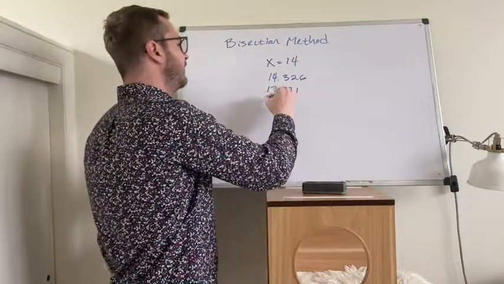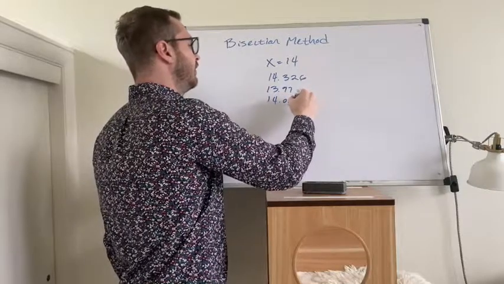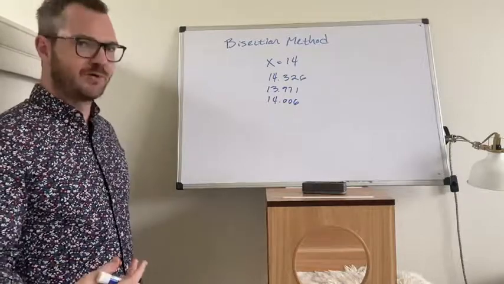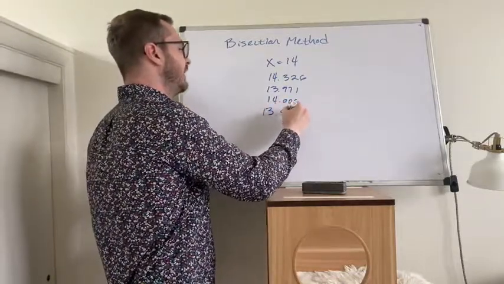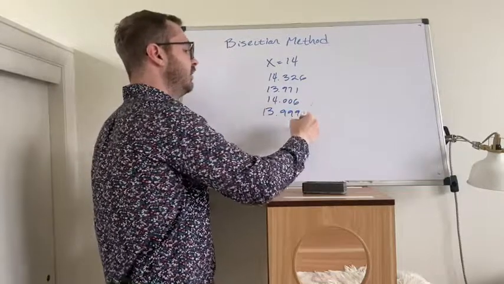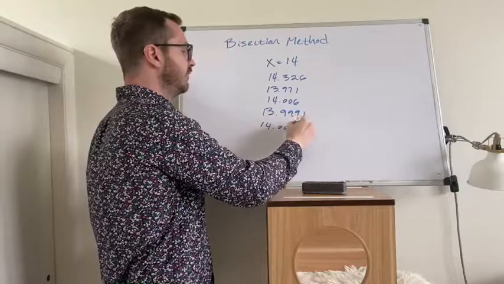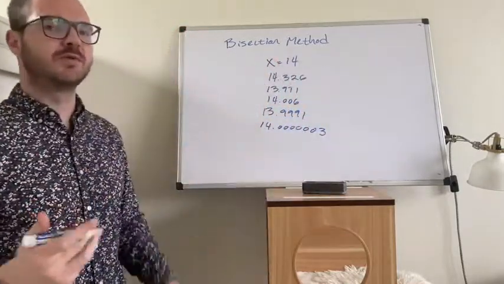This time it comes back and it says, okay, the answer is 14.006. Okay, that's getting better. You let it run another time. Now it's 13.9991. You do it again, 14.000003, etc., etc.